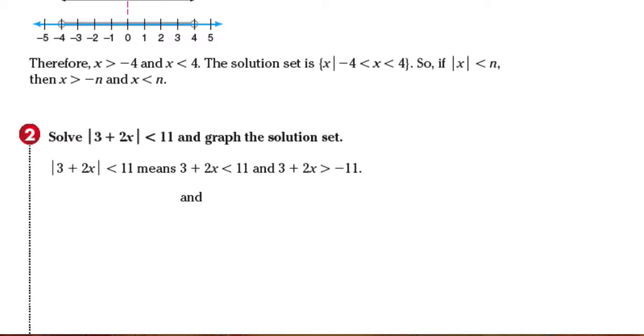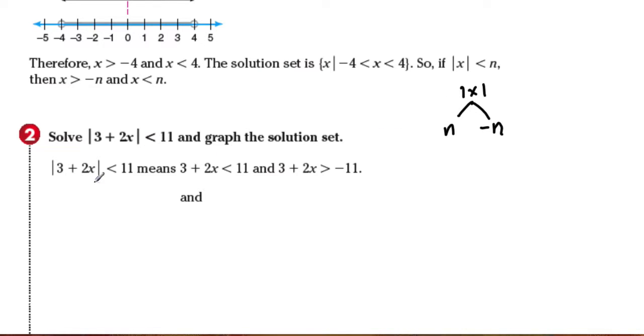What happened here? Okay, don't panic. You have 3 plus 2x. Remember what we talked about. If it's the absolute value of x, there are two things that can happen. This can be n, or this can be negative n, what we talked about, right?